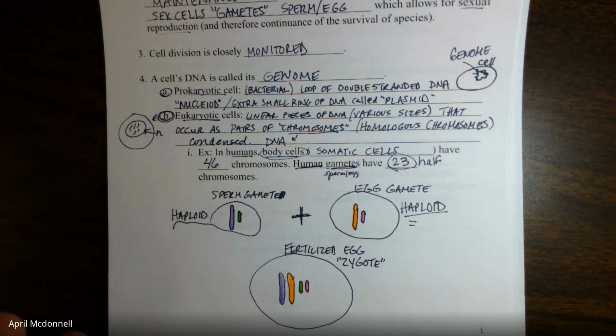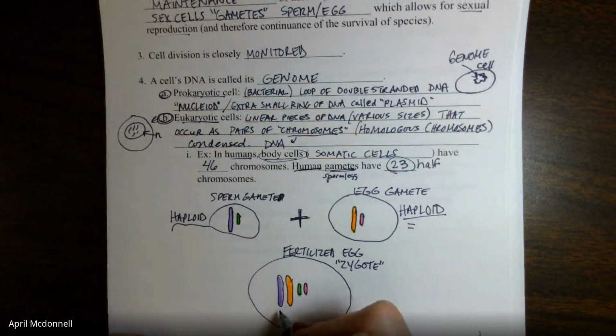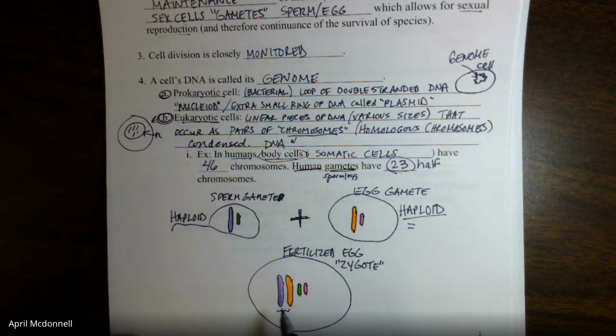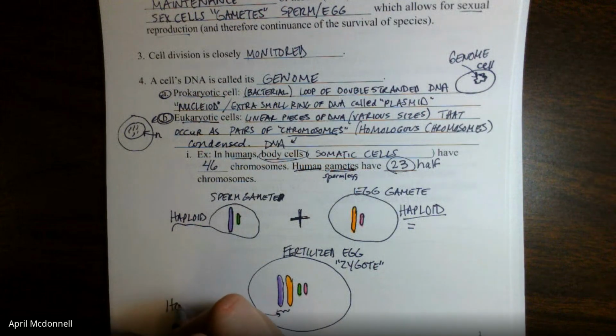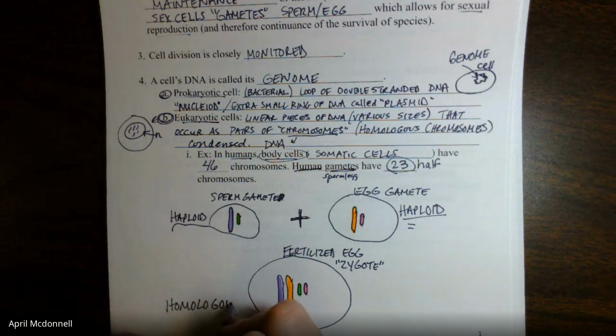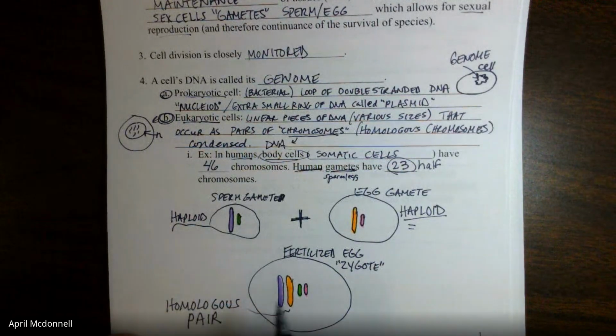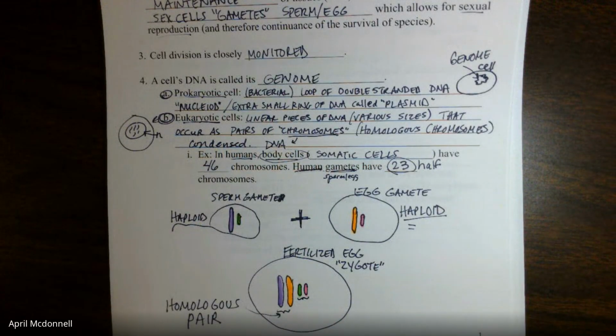When two chromosomes are about the same size and the same shape, we call that pair of chromosomes a homologous pair of chromosomes. So it looks like we have two homologous pairs of chromosomes in our fertilized egg.